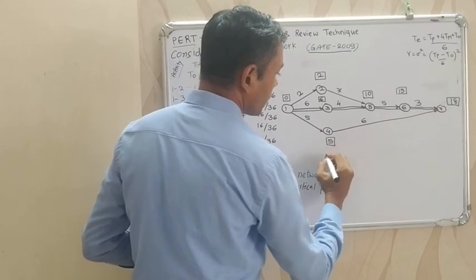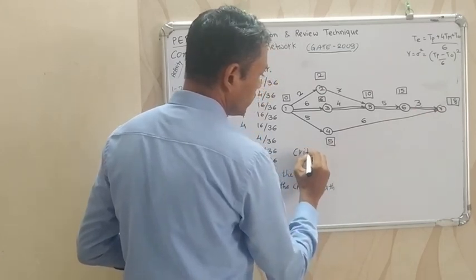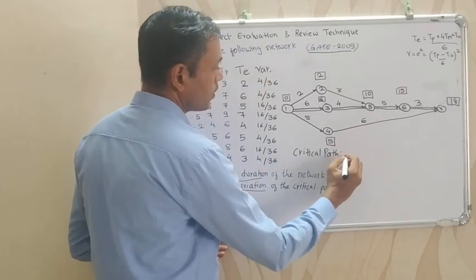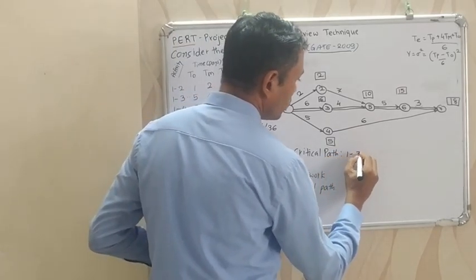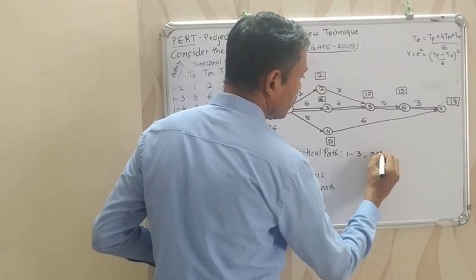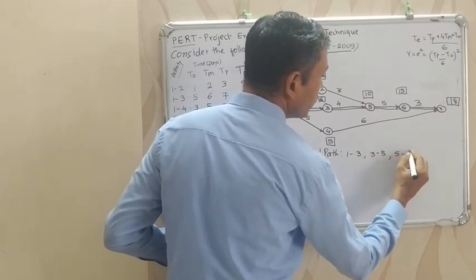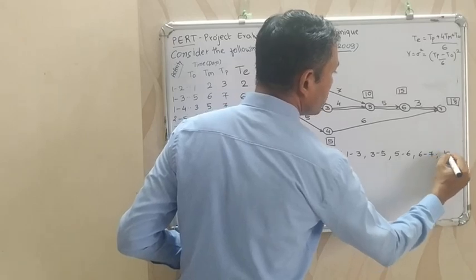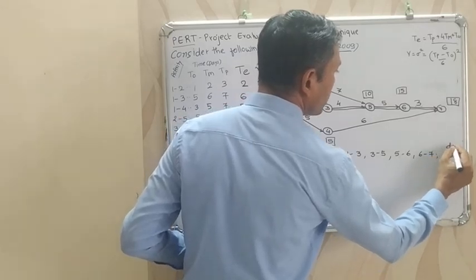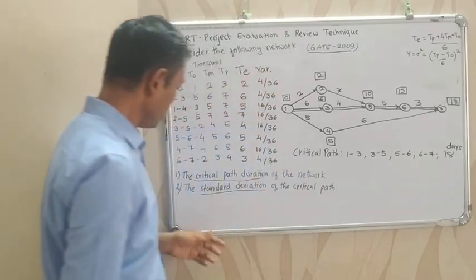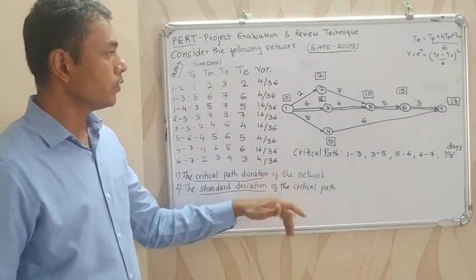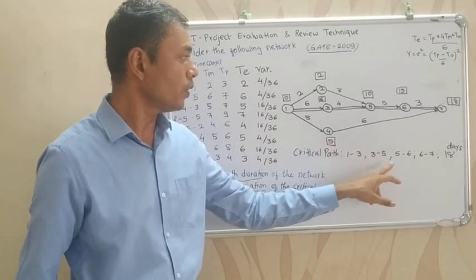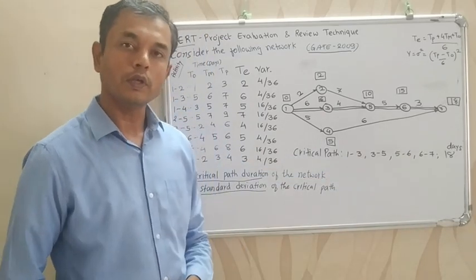So the critical path is 1 to 3, 3 to 5, 5 to 6 and 6 to 7, and the number of days is 18 days. So the critical path duration of the network is 18 days and the critical path is 1 to 3, 3 to 5, 5 to 6 and 6 to 7.